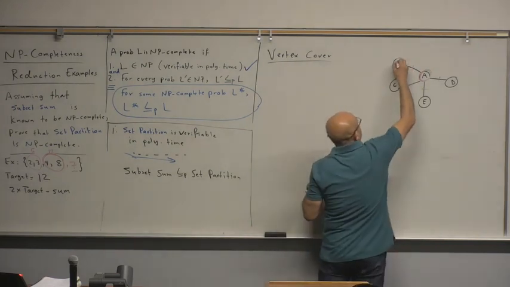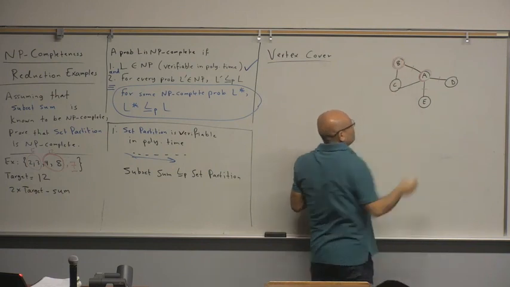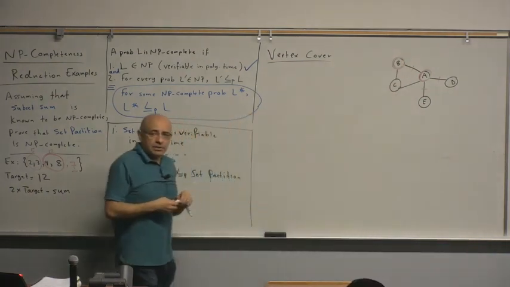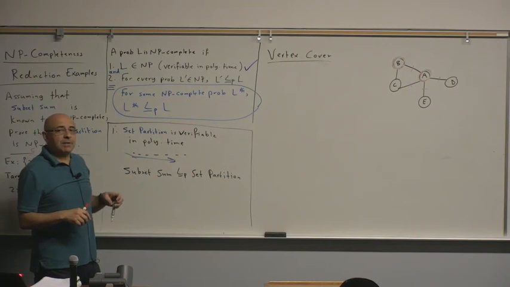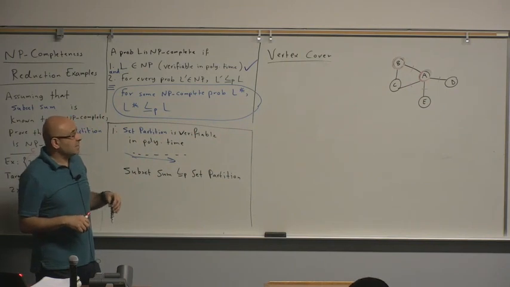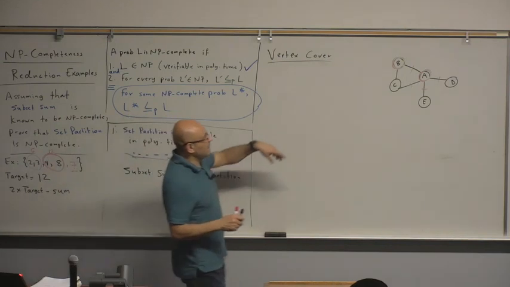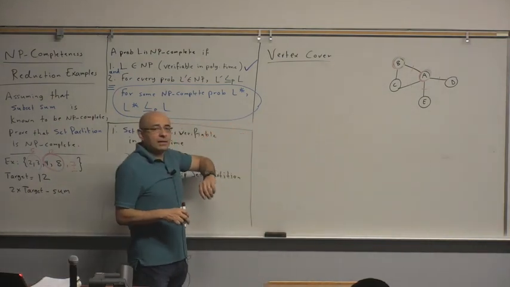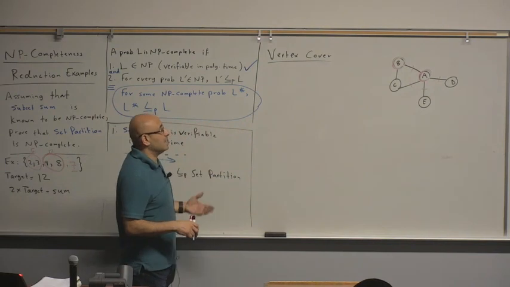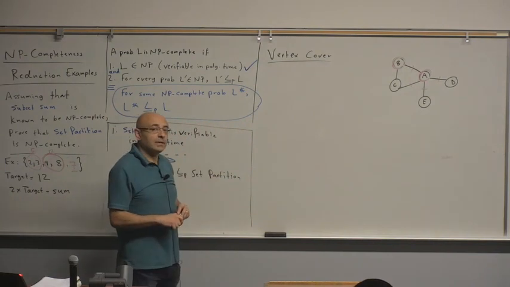Of course, this example makes it look easy. But in general, this is a hard problem. So, one possible application of this is that, suppose that these edges represent roads and the vertices represent intersections, for example.